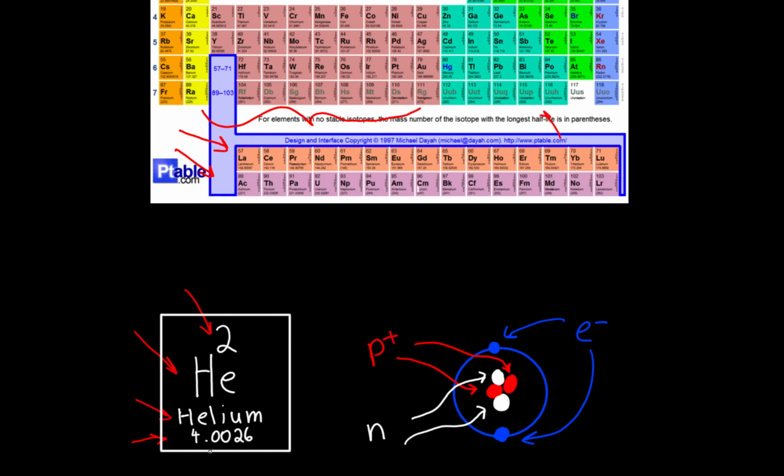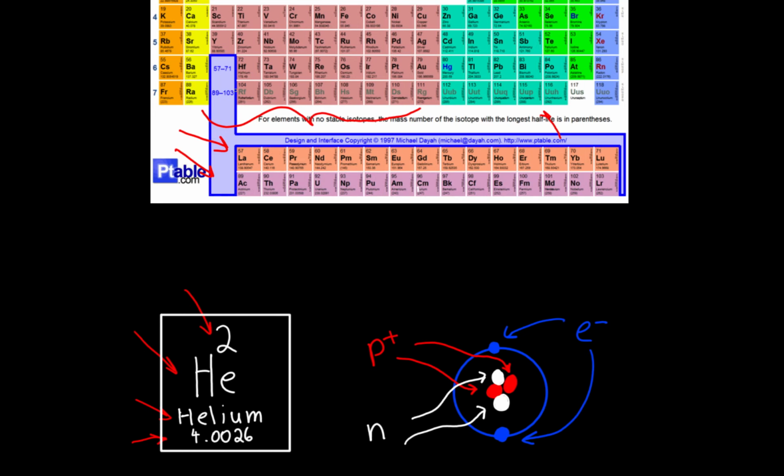So if there's helium atoms with a mass of 4 in the world, and that's the biggest portion of helium atoms, the average is going to be way closer to 4 than it would be to another number.